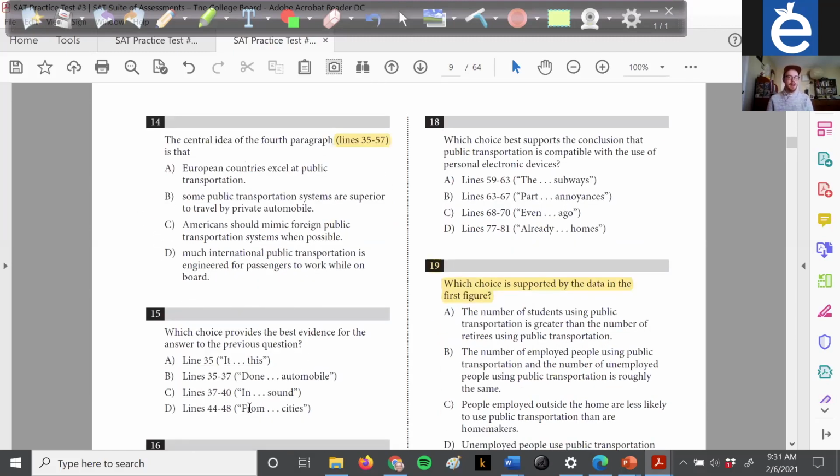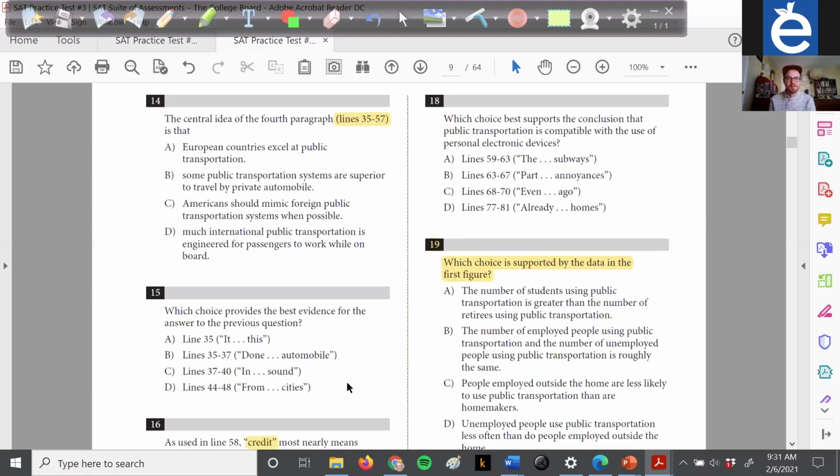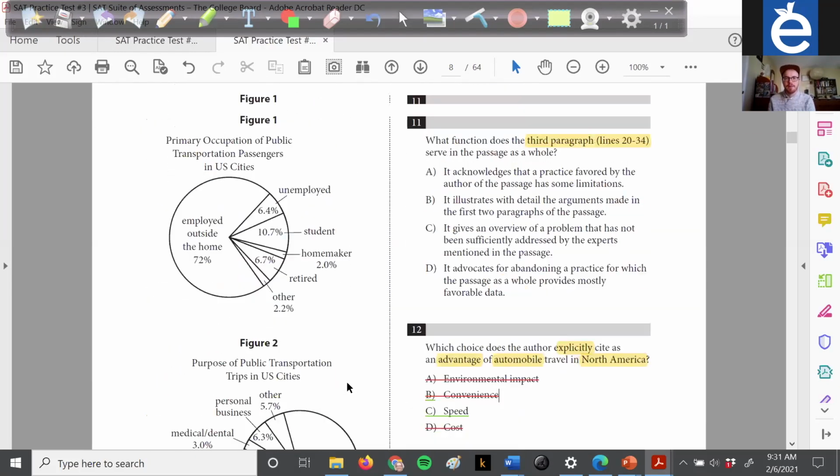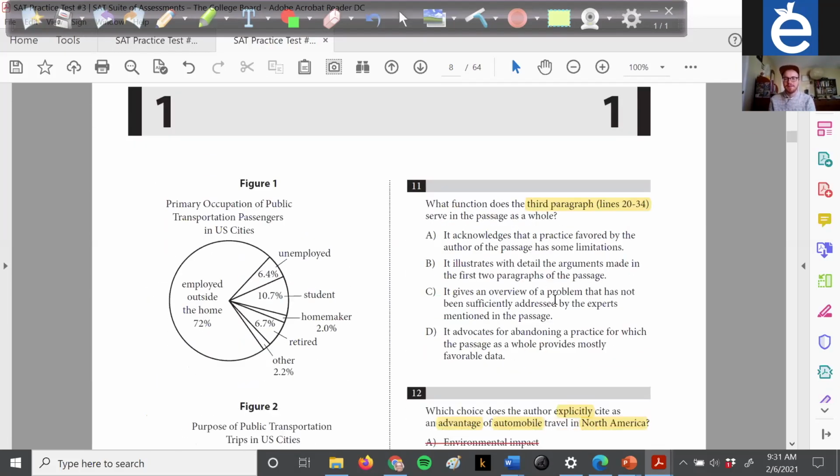The central idea of the fourth paragraph is that, well, okay. Now we have to come up with what the main idea is of this paragraph. And actually, before we do this sort of like double process of elimination, I think we're ready for number 11.